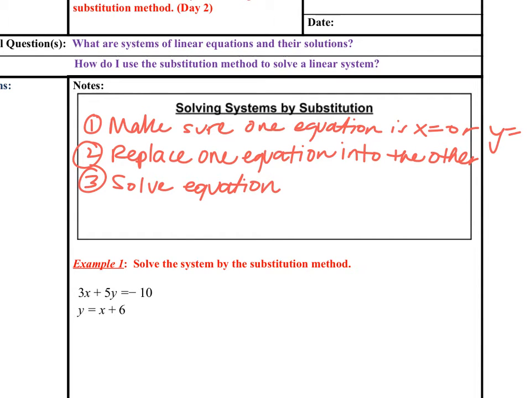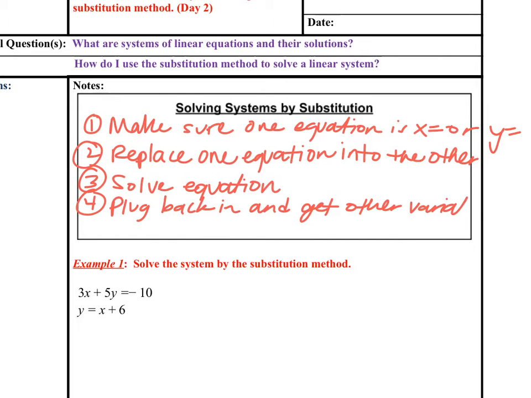A system has 2 variables, so you have to plug back in and get the other variable. Last, write your answer as a point, which we also call an ordered pair. X, comma, y. Make sure I give you some time to do that.